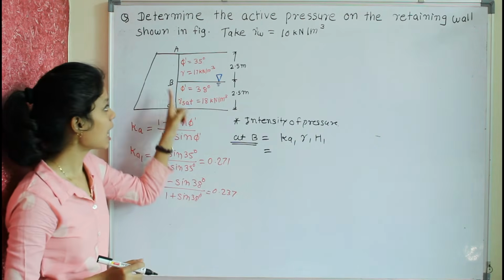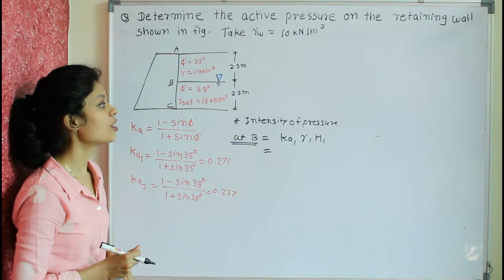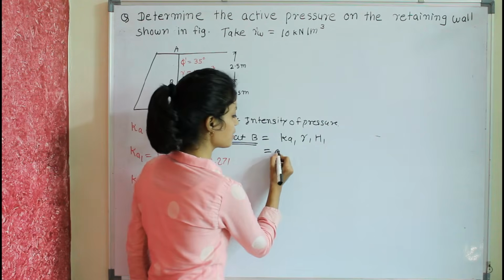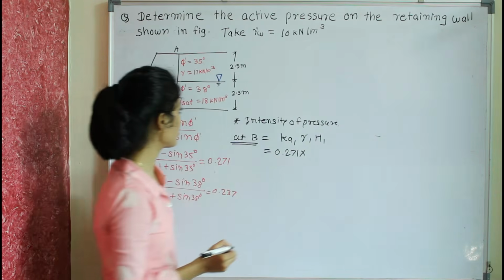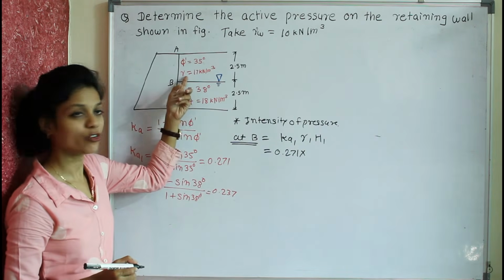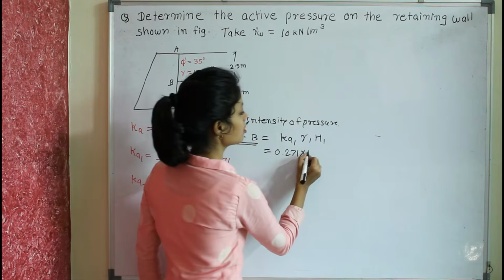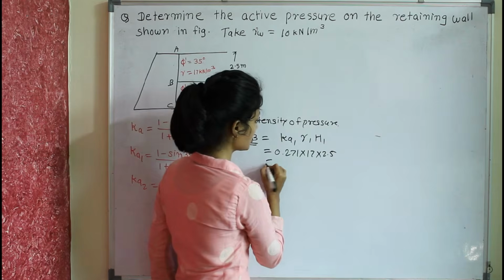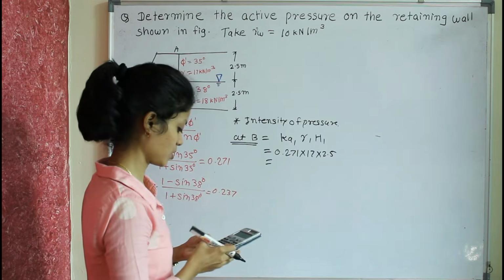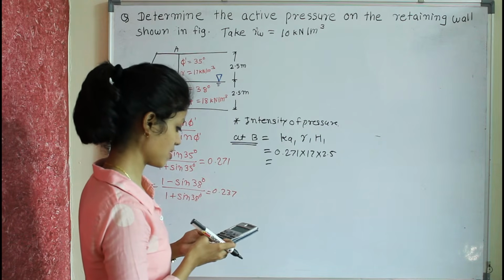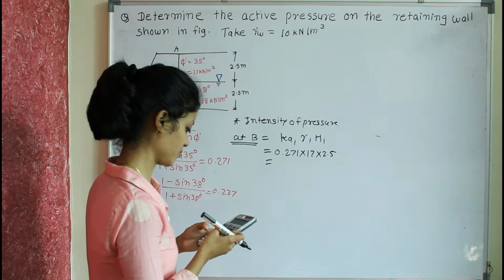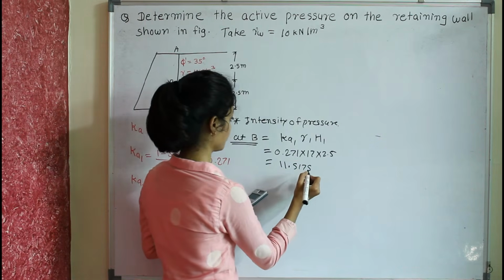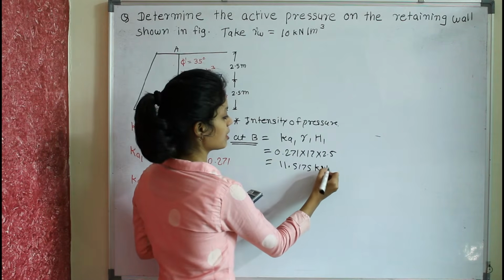Okay. Therefore, intensity of pressure at B equal to Ka1, we just calculated, is 0.271 into gamma 1, that is for first layer, 17 kilonewton, and H1 thickness 2.5, which is equal to 0.271 into 17 into 2.5, which is 11.5175 kilonewton per meter square.